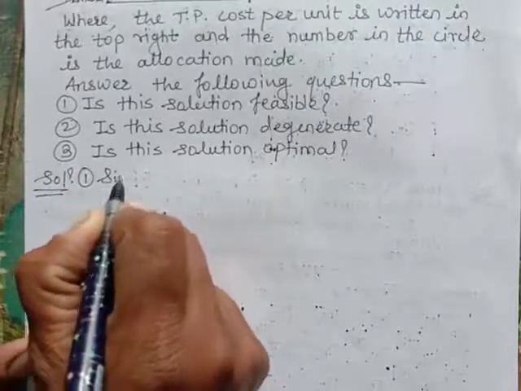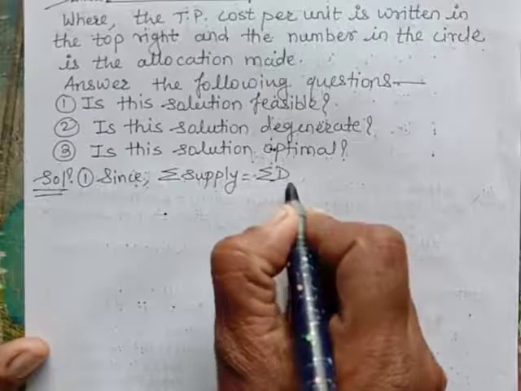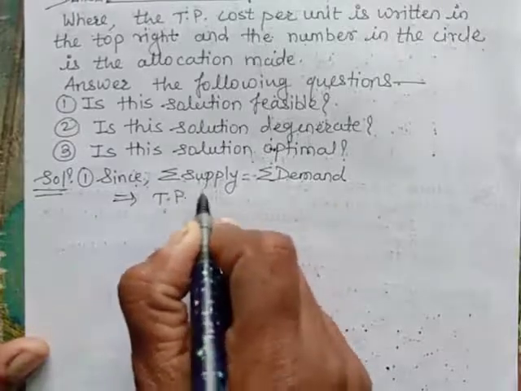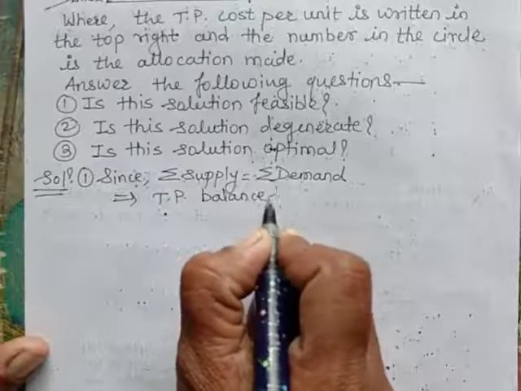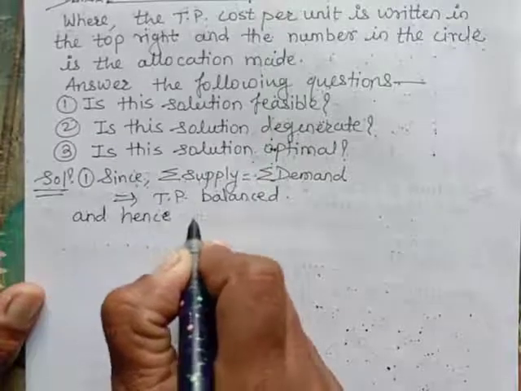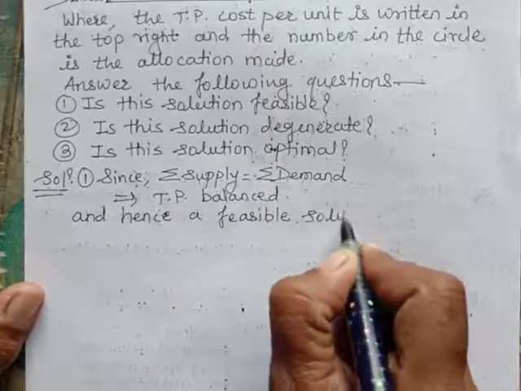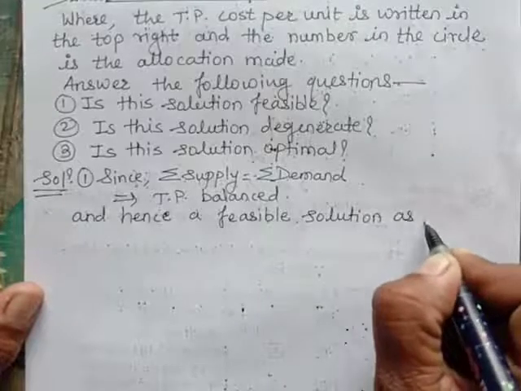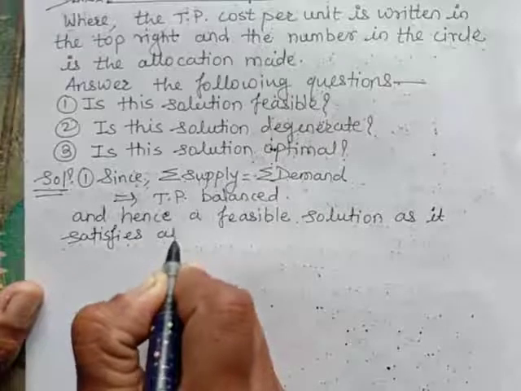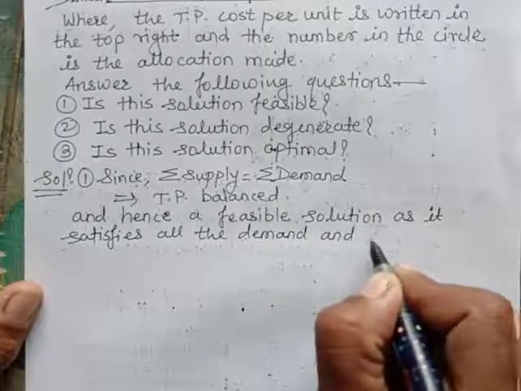First, since summation supply equals summation demand, this implies the TP is balanced, and hence a feasible solution as it satisfies all the demand and supply constraints.